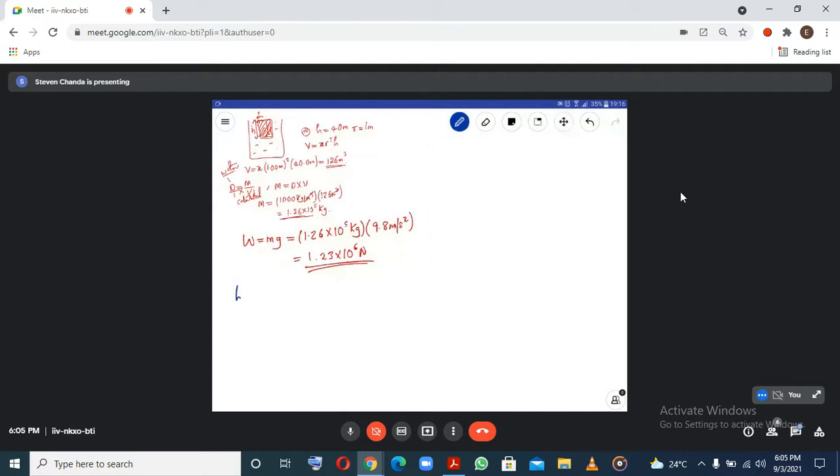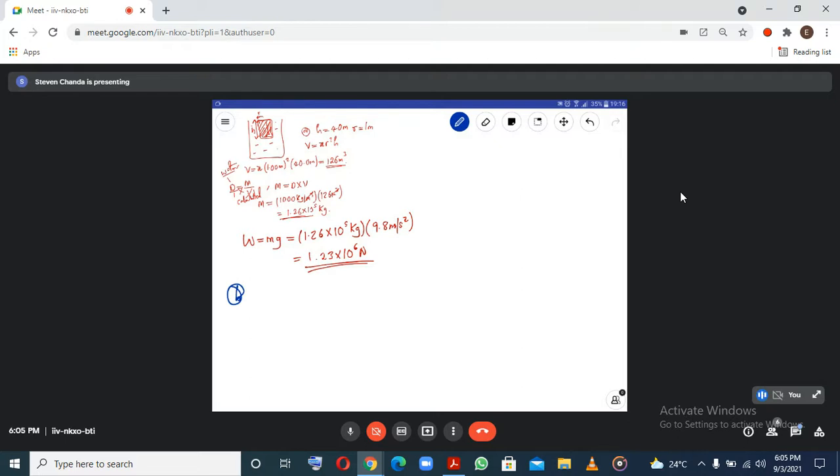So for the second part, let me use blue so that we don't mix the two. Our second question is: calculate the force exerted by air on a disk of radius 1 meter at the water surface.